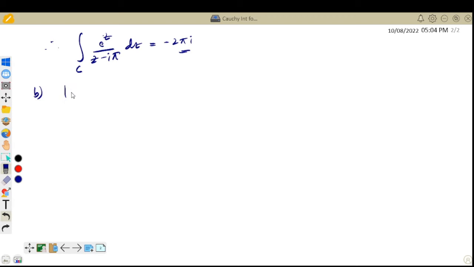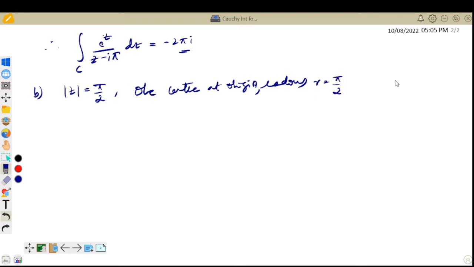Now let me go for the second curve. The second curve is modulus of z is equal to pi by 2. What does modulus of z is equal to pi by 2 represent? It is again a circle with center at origin, that is 0 comma 0, and radius r is equal to pi by 2.